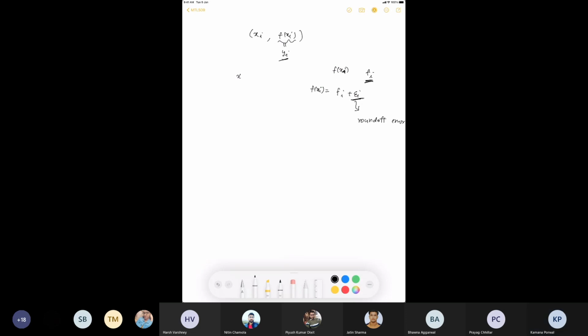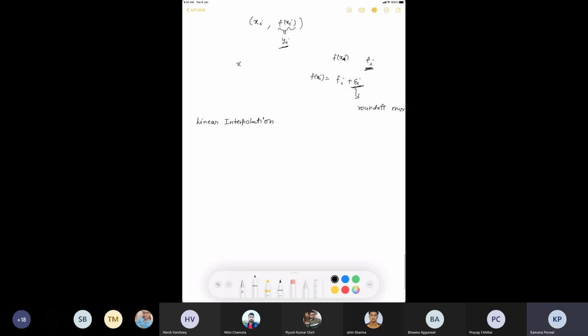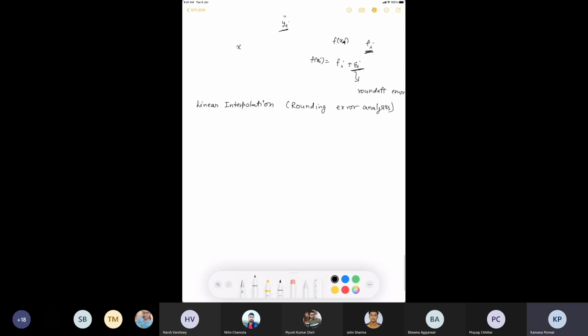So I'm considering the linear interpolation, and we are just going to see the effect of round-off errors.